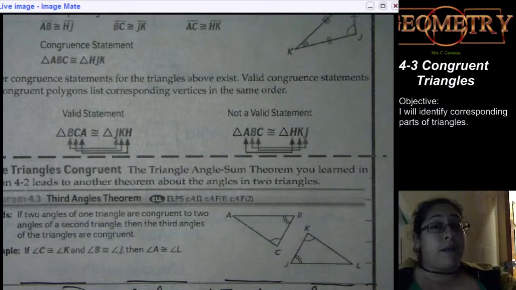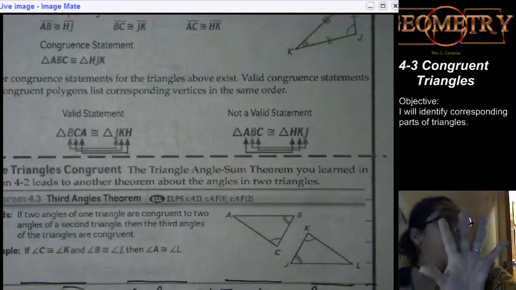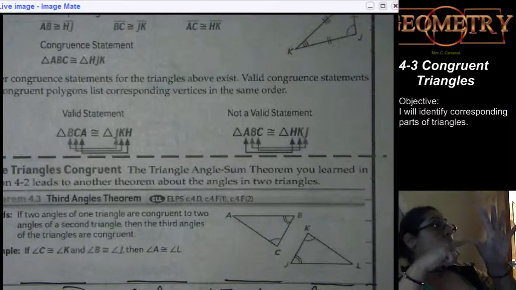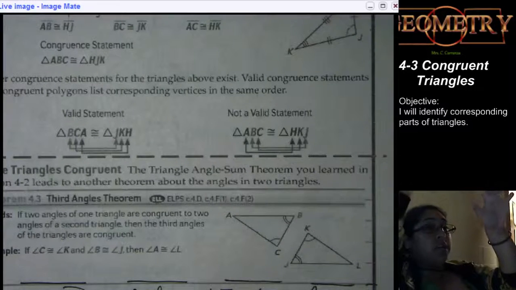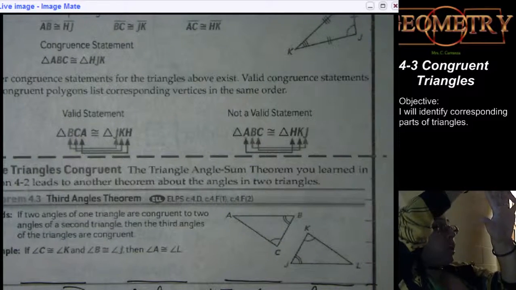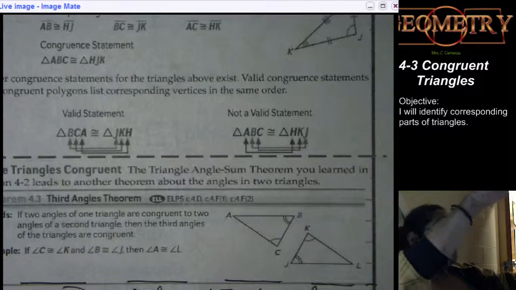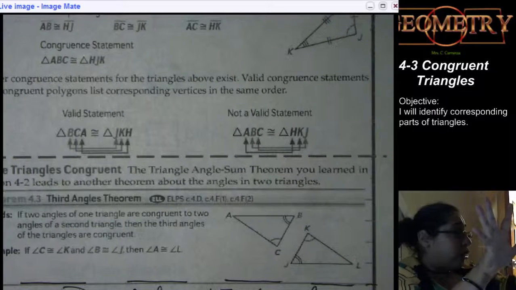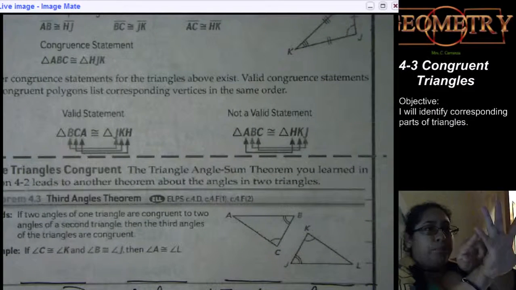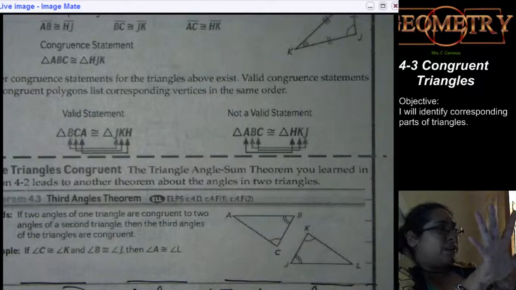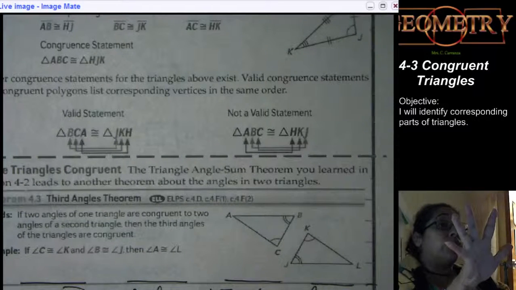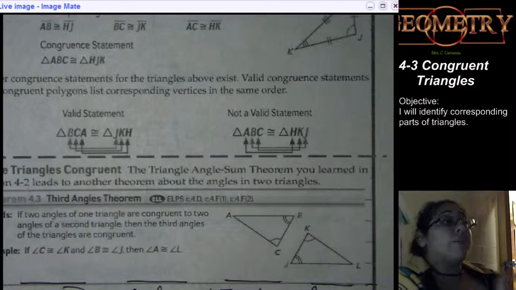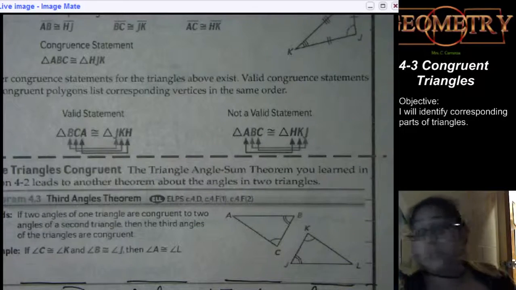If I were to say my hand, right here, is congruent to my other hand, and I start by naming my hand thumb, index, middle, ring, pinky, I have to make sure I say the name of my other hand in that order. So if I do it left to right, the same direction I did with this hand, then this one's name is pinky, ring, middle, index, thumb. That's not the same order. No, it is not. Always, when you're writing your congruent statement, make sure you write them in the same order. Super, super important.